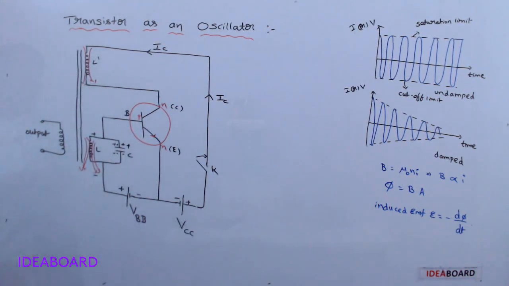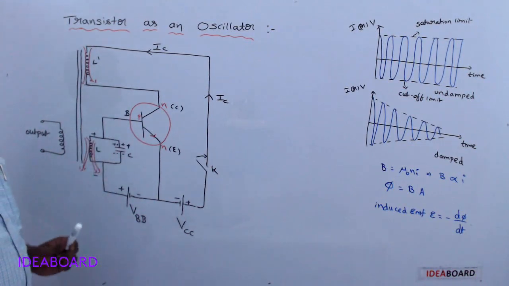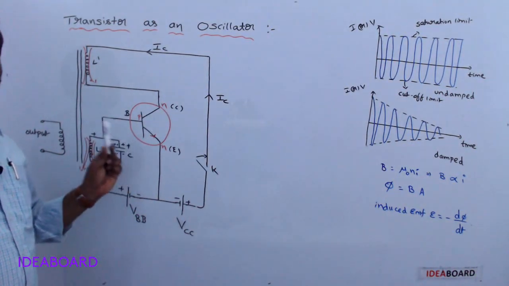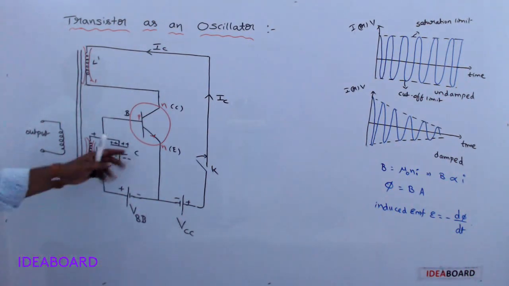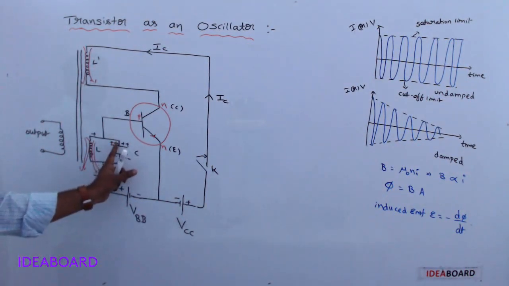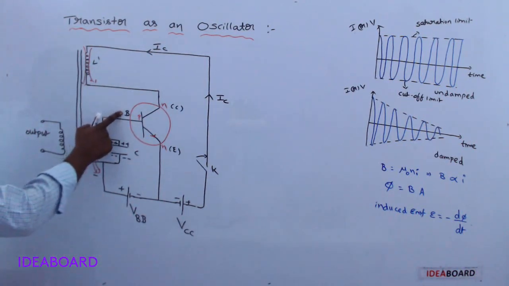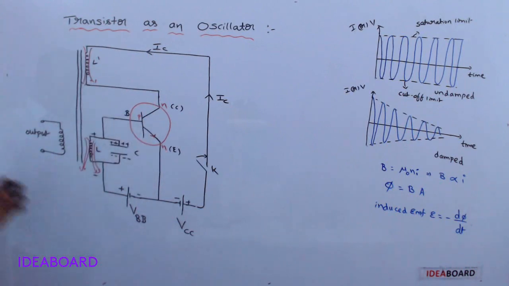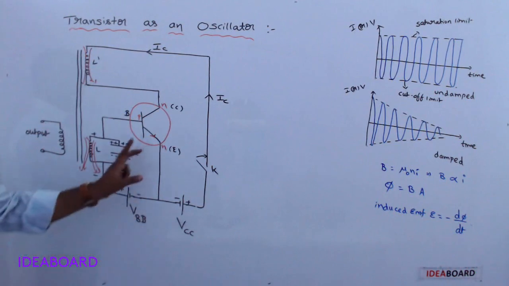Here the upper plate of the capacitor gets positively charged. Whenever the capacitor's upper plate is positively charged, listen carefully, we know that between the base and emitter junction, this VBB always maintains forward bias.